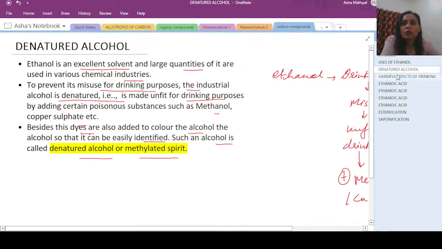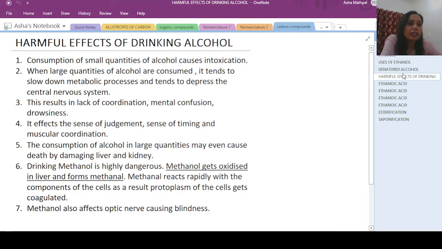Now let us try to understand some harmful effects of drinking ethanol or any kind of alcohol. Consumption of small quantities of alcohol, even very small quantities, can cause intoxication. Sometimes large quantities of alcohol are consumed, and it leads to slowing down of the metabolic process and tends to depress the central nervous system.